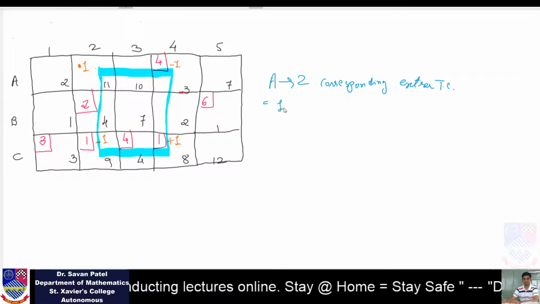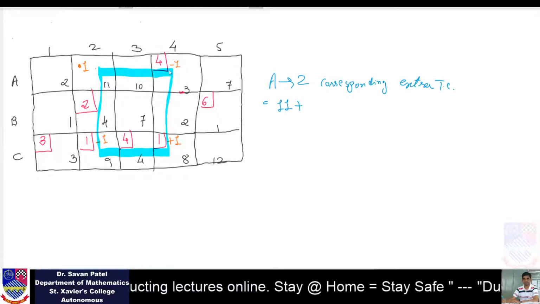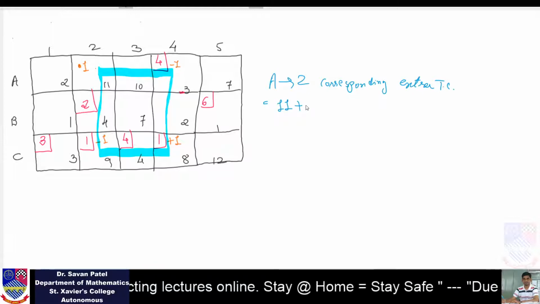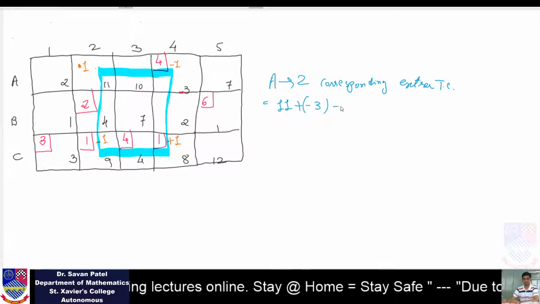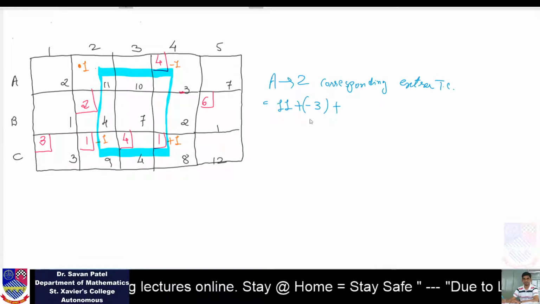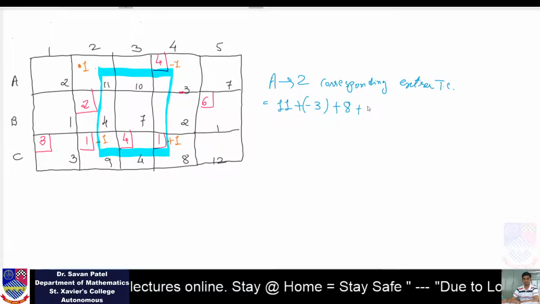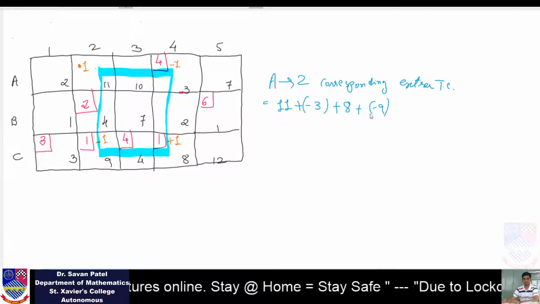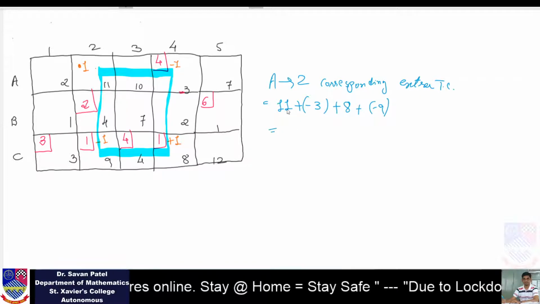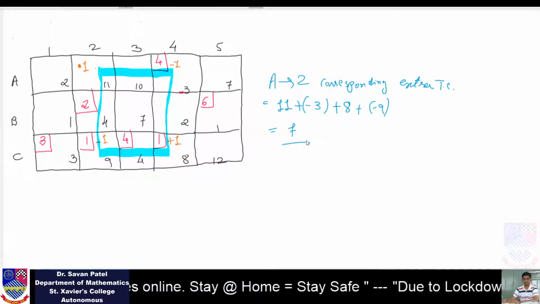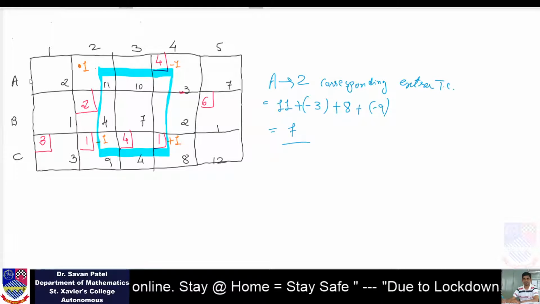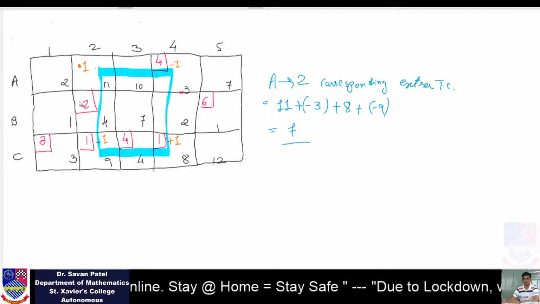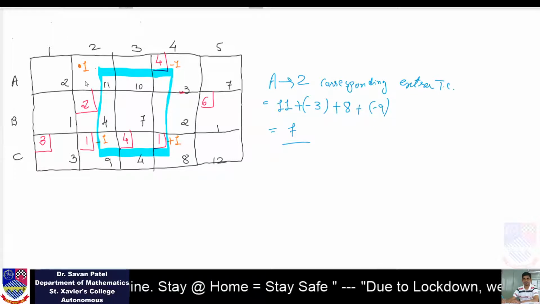So 11 times 1 plus minus 1 times 3, so minus 3, plus 1 times 8, that is 8, plus minus 1 times 9, so minus 9. So here it is minus 1 minus 4, so it will be 7. So the additional transportation cost is 7, which means transporting from A to 2 is also not preferred.